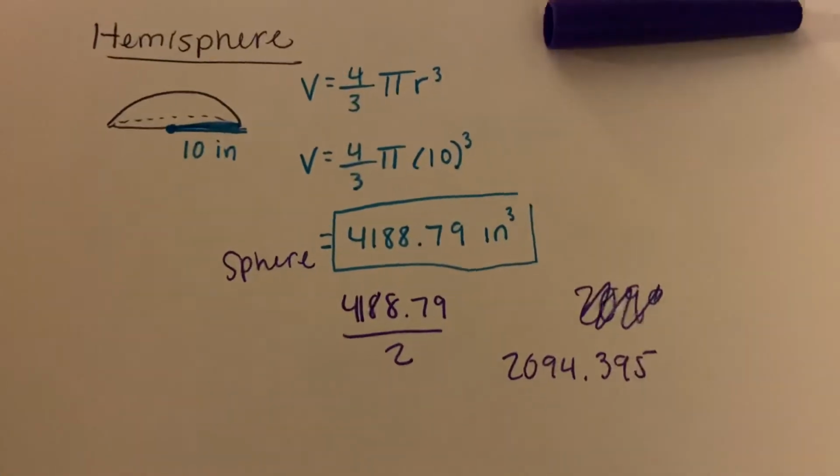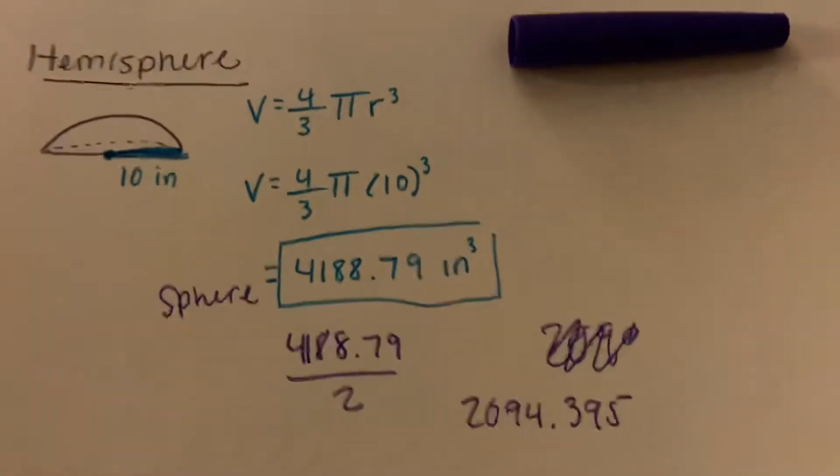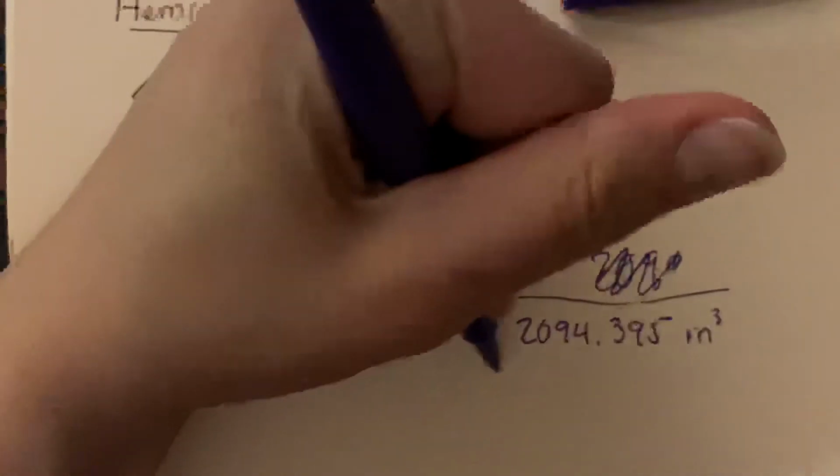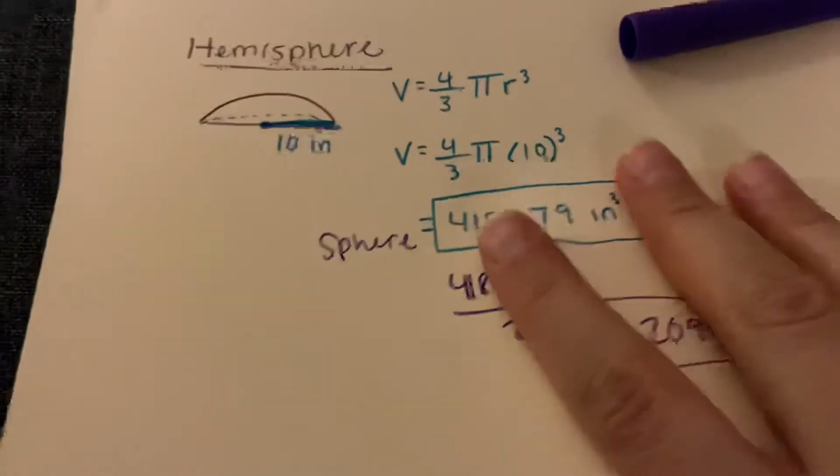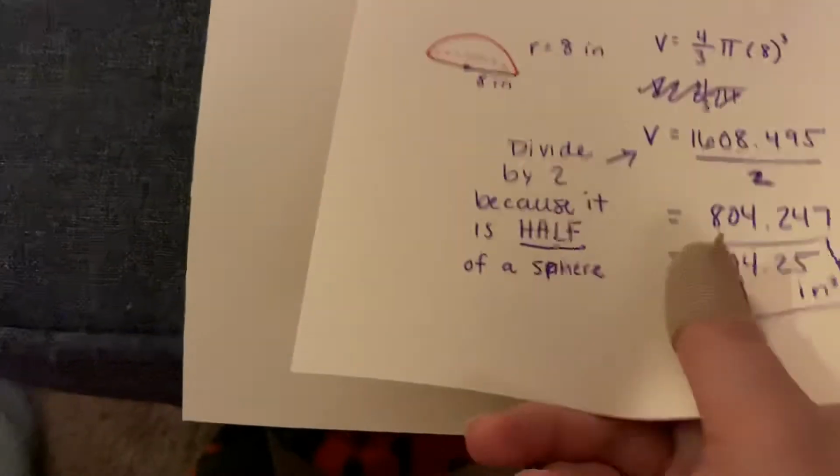So there you go. So that's cubic inches. Hemisphere is half. And then last but not least, we will have the cylinder.